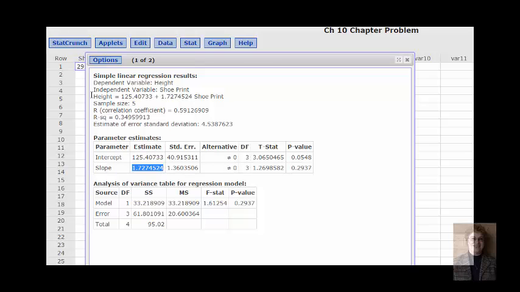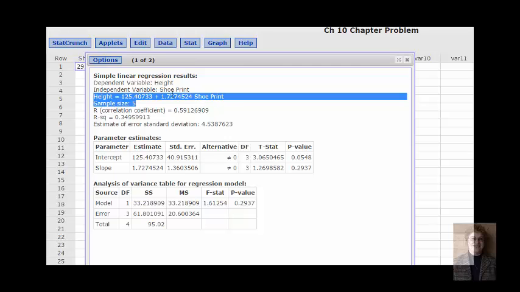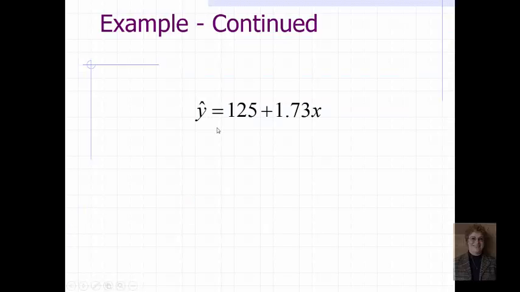The other thing, right up here, is height equals 125.40733 plus the slope of our line times the value for our shoe print. So it's got it both ways, pretty easy to find. Here we have our line of least squares regression.